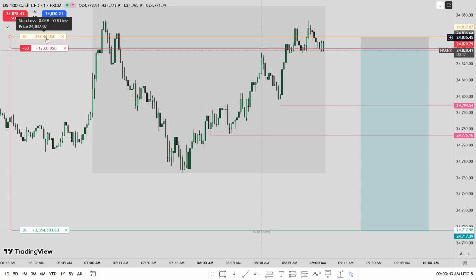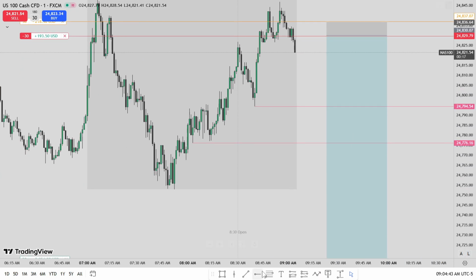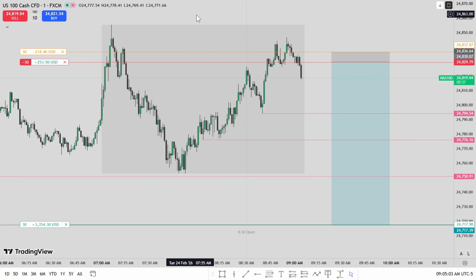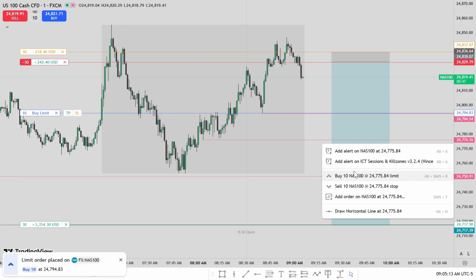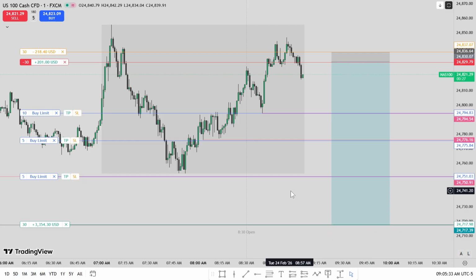Even though it did reverse, it did deliver what I was actually looking for. To be honest, I was looking for some other lows to be taken out on NQ, but it didn't give me that. But nonetheless, it was still a banger trade, and basically I entered the short position from that IFVG.